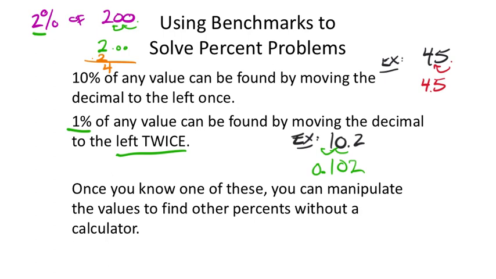So let's say we did the same thing, but now 20% of 45. We already did 10% of 45 is 4.5, and 20% is double 10%. So if we double 4.5, you'd multiply that by 2, and you'd see 20% of 45 is 9.